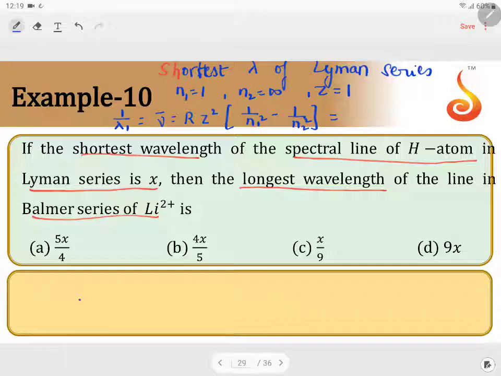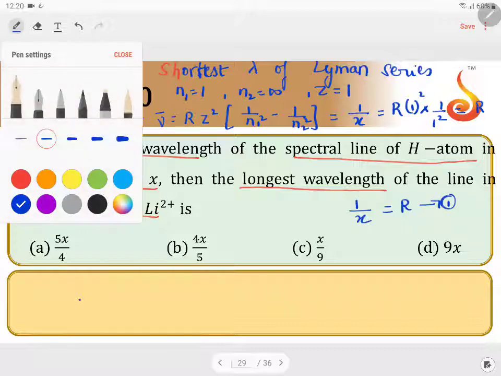So 1 by X is equal to R into 1 square into (1 by 1 square minus 1 by infinity, which is 0). Simplifying, you get 1 by X is equal to R. Let me call this equation number 1.